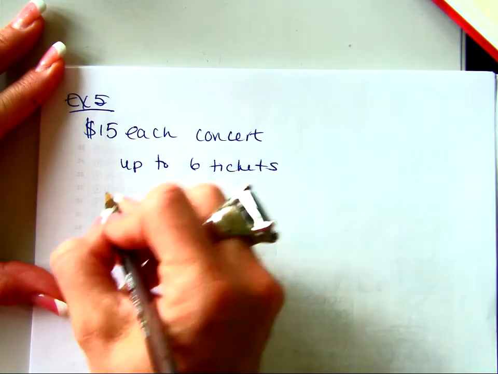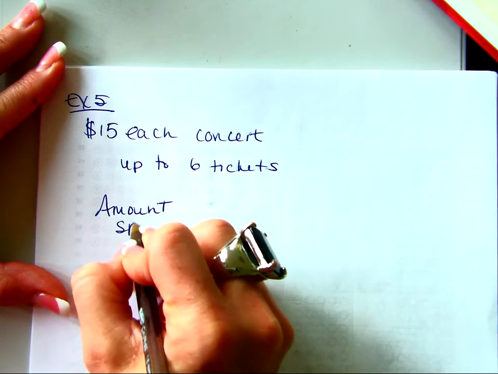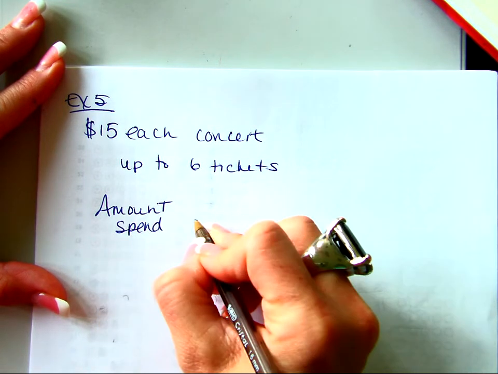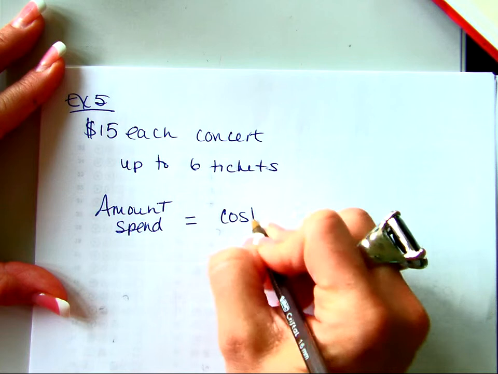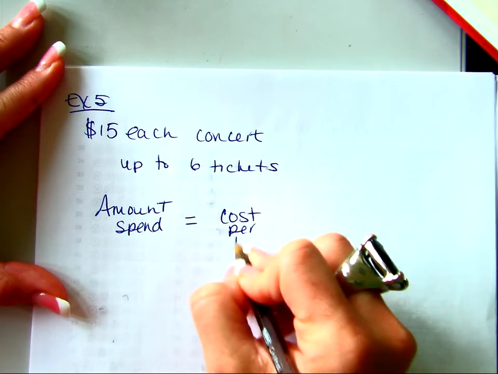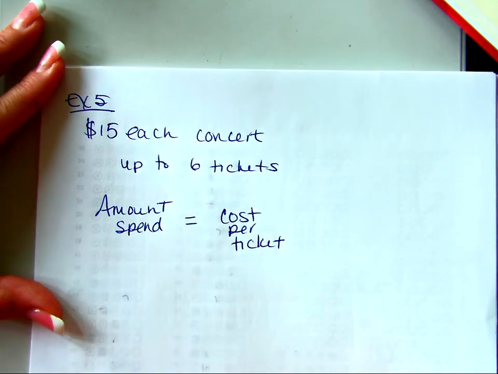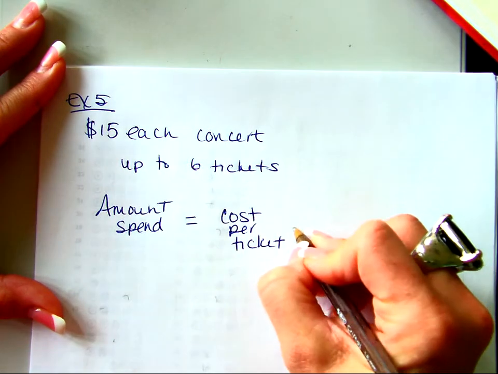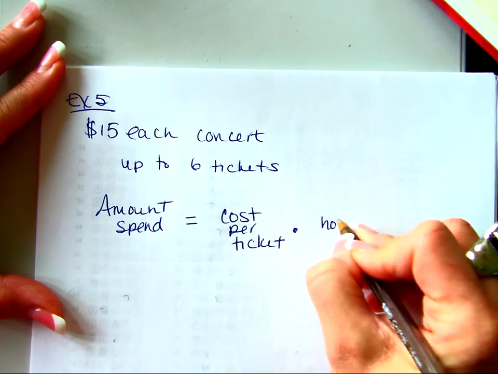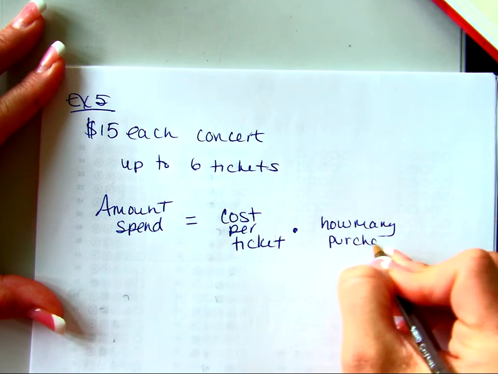So we're going to use a verbal model for this. So if this is the amount that you can spend in dollars, that should equal the cost per ticket, right? And how many tickets, and how much are the tickets? They're $15, and how many can you buy? So how many purchased?